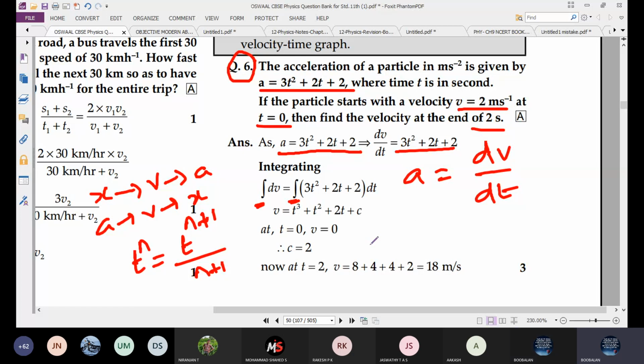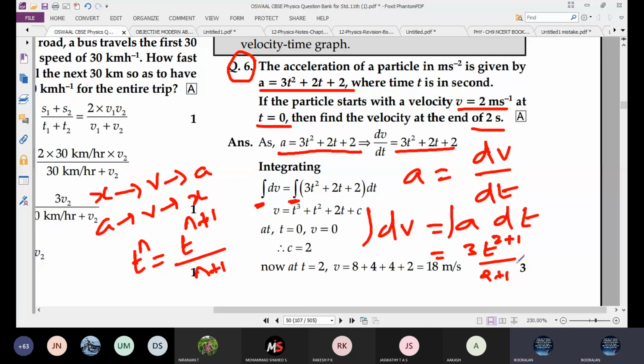Just rewrite: dv equal to a dt. Applying the integral, that is the limit based on a, 3t square plus 2t plus 2. So 3t power 2 plus 1 divided by 2 plus 1, plus 2t. 2t is already power 1, so 1 plus 1 divided by 1 plus 1, plus.